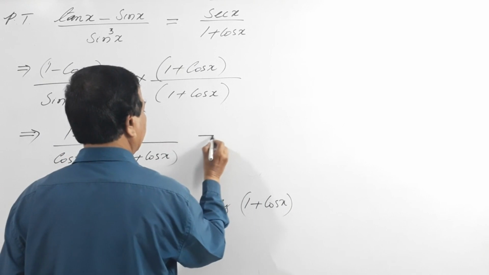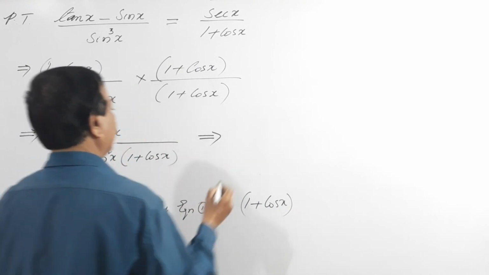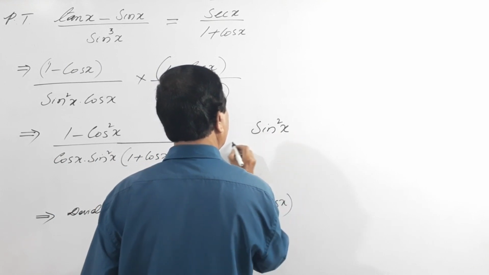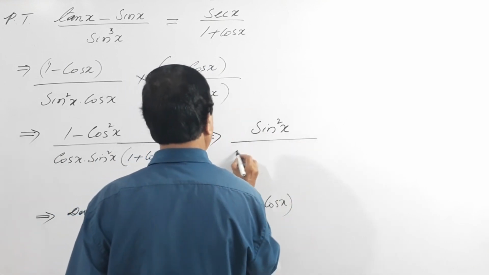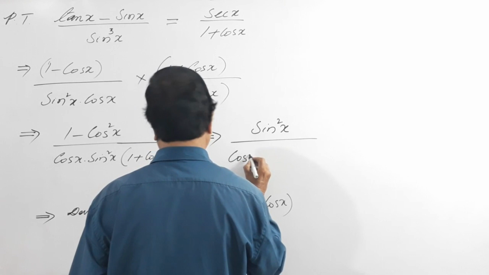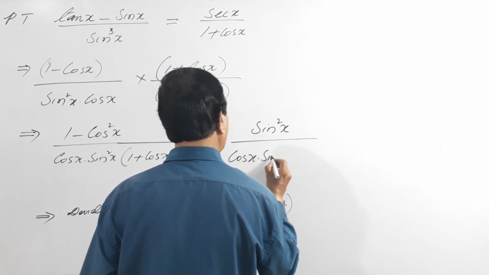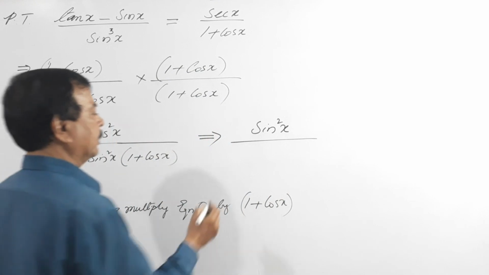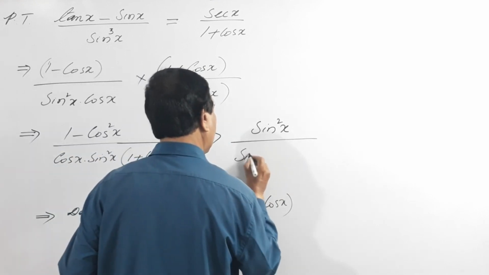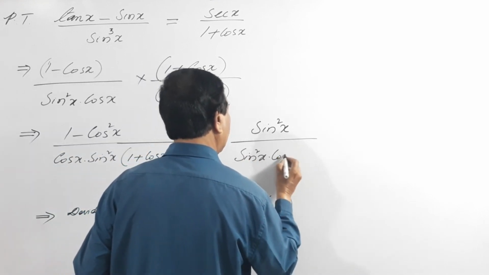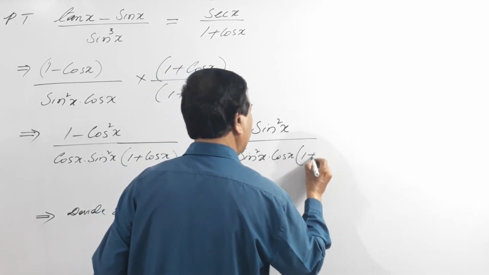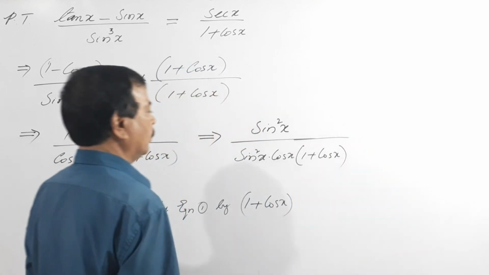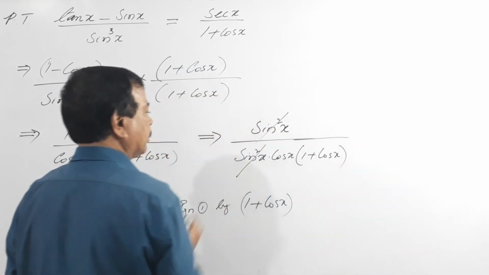So this becomes what? Sin square x divided by cos x into, I'll write first sin square x into cos x into 1 plus cos x. So this sin square x and this square cancels.